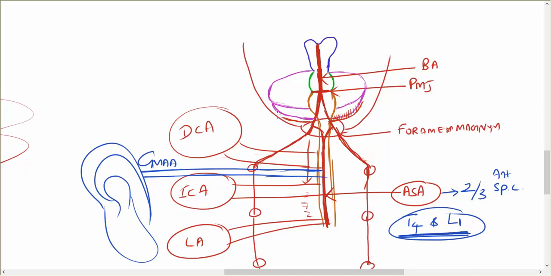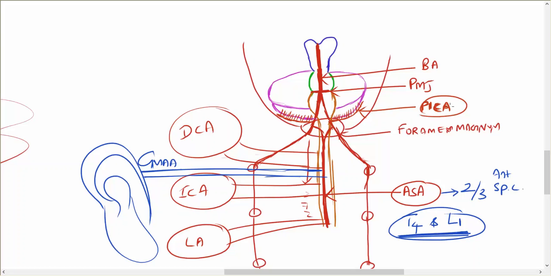It is supplying the posterior inferior part of the cerebellum. It is called posterior inferior cerebellar artery. Don't call it by abbreviation. I always tell the students, otherwise you will forget the name. So it is called posterior inferior cerebellar artery.